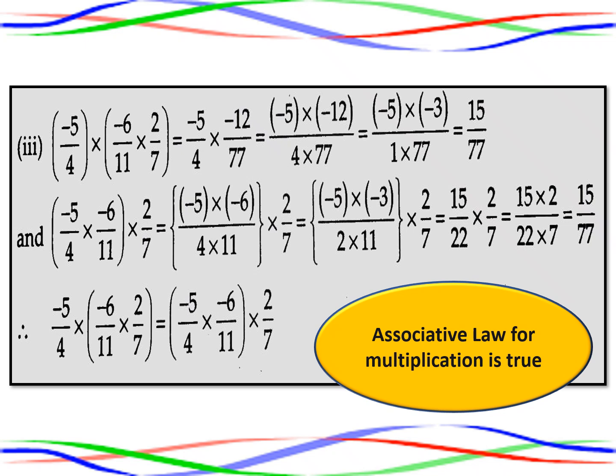But in case it is cancelled, 4 and minus 6 reduce and you get it as 15 by 22. And that gets multiplied by the third number 2 by 7 and the answer is 15 by 77, and both are the same. LHS and RHS are equal, which shows that the associative property is true for multiplication of rational numbers.